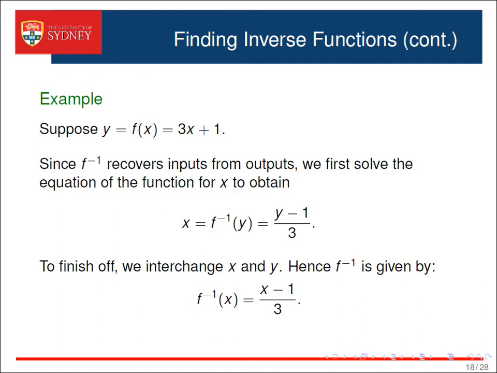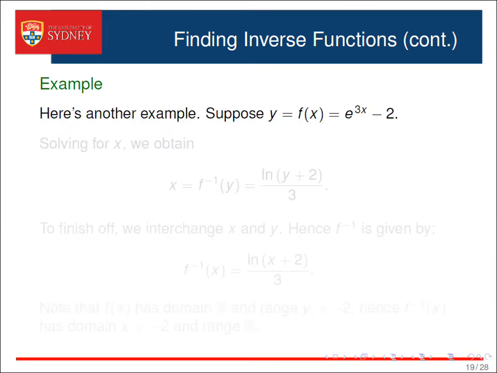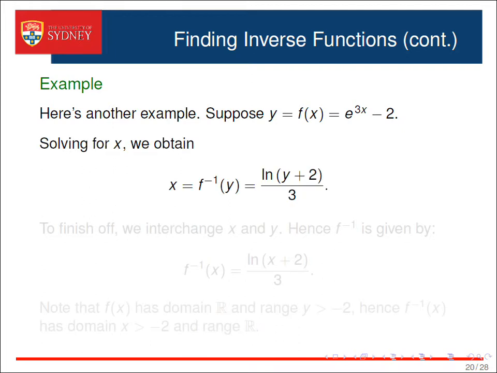Here's another example. Let the function y equals f of x be e to the power of 3x, subtract 2. We rearrange the equation for x, giving the log of y plus 2, all divided by 3.